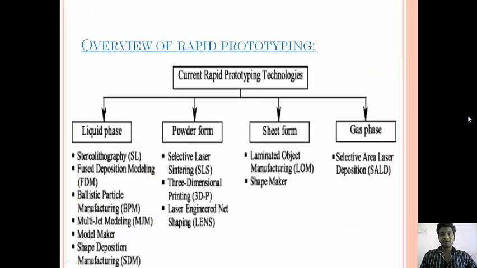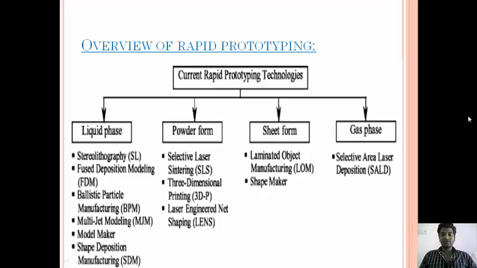Before going to the actual working of the FDM, let me take you through an overview of rapid prototyping. Some of the current rapid prototyping technologies are considered in liquid phase, powder form, sheet form, or gas phase. If we consider liquid phase, there are processes such as stereolithography, FDM, the topic we are going to study, plastic particle manufacturing, multi-processing, and model making.